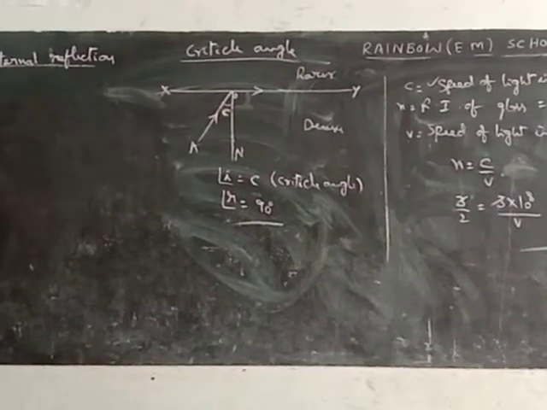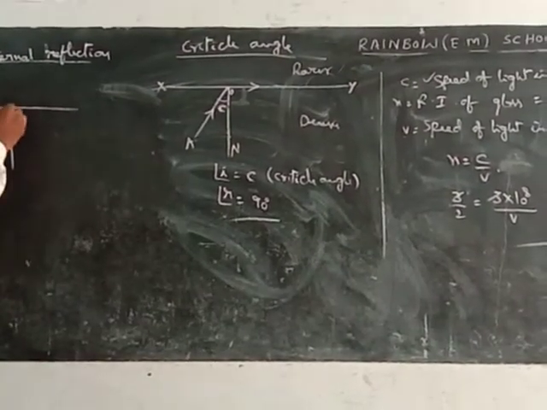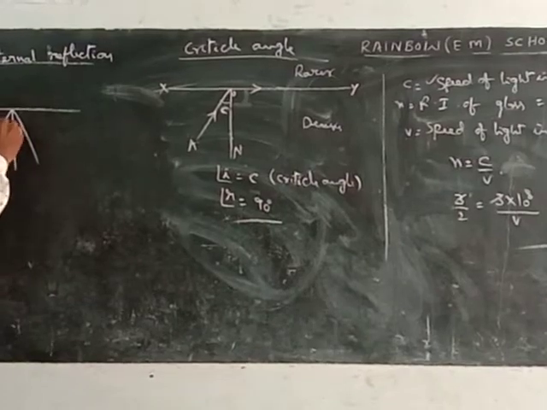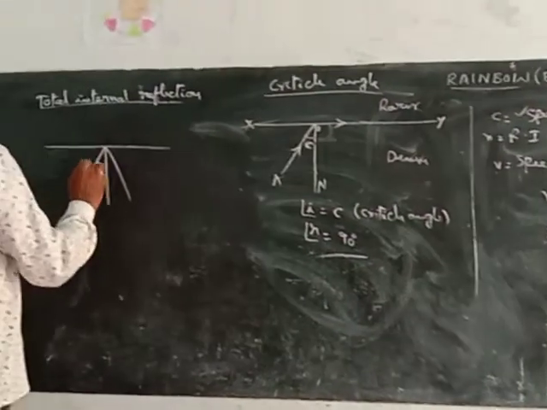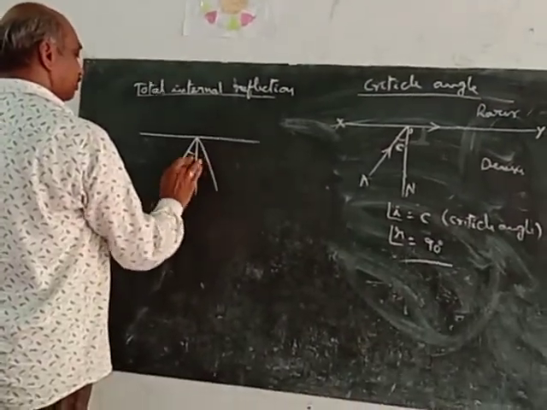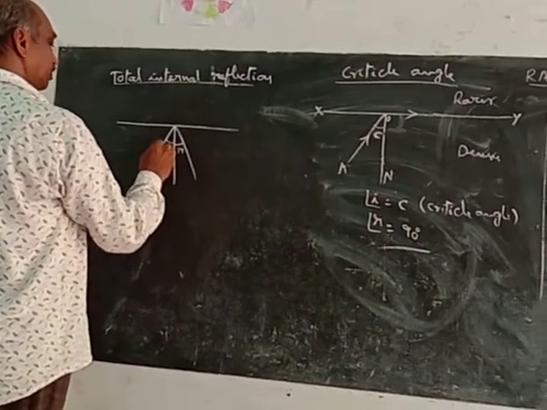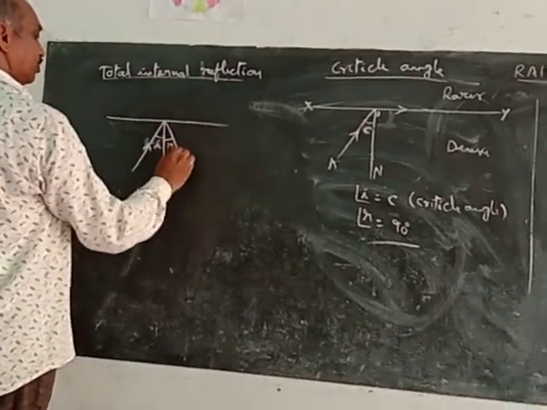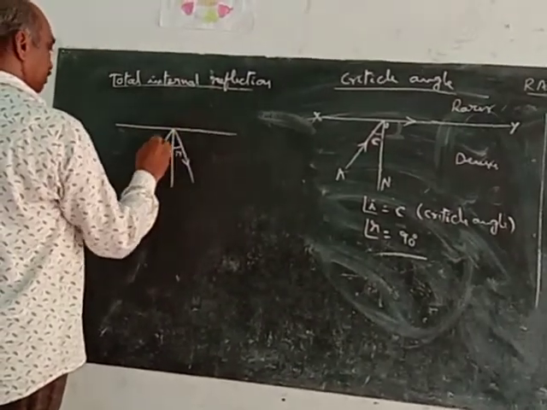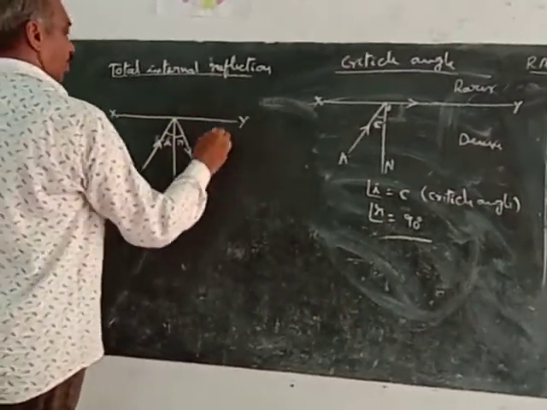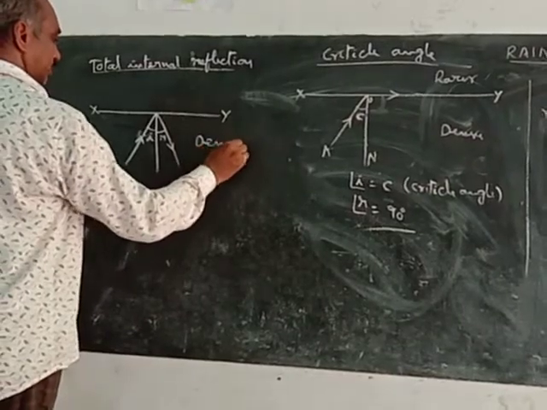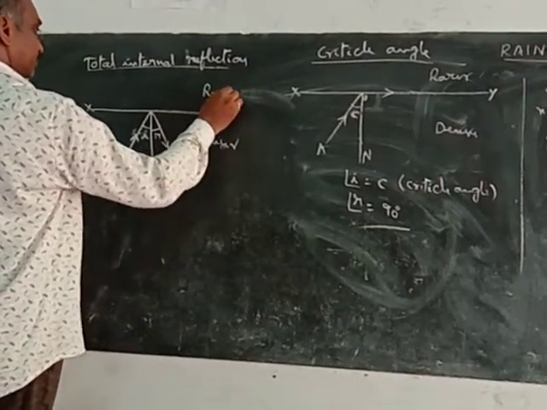If the angle of incidence is greater than the critical angle, denser. This is the rarer medium.